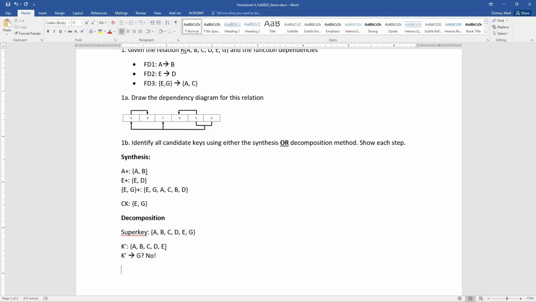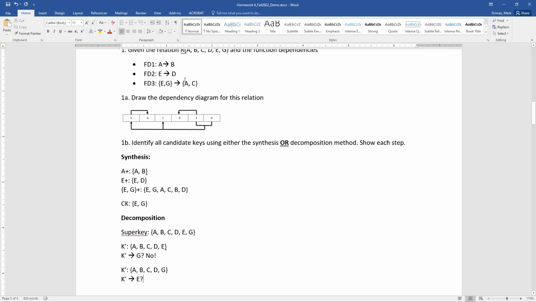Okay? So we're going to try again, and we're going to set our value of K prime to be A, B, C, D, G. Okay, because we're adding this G back in because it is required for this to be a superkey, but we're taking out another attribute, E. And we're asking, does K prime functionally determine the attribute we just removed, E?